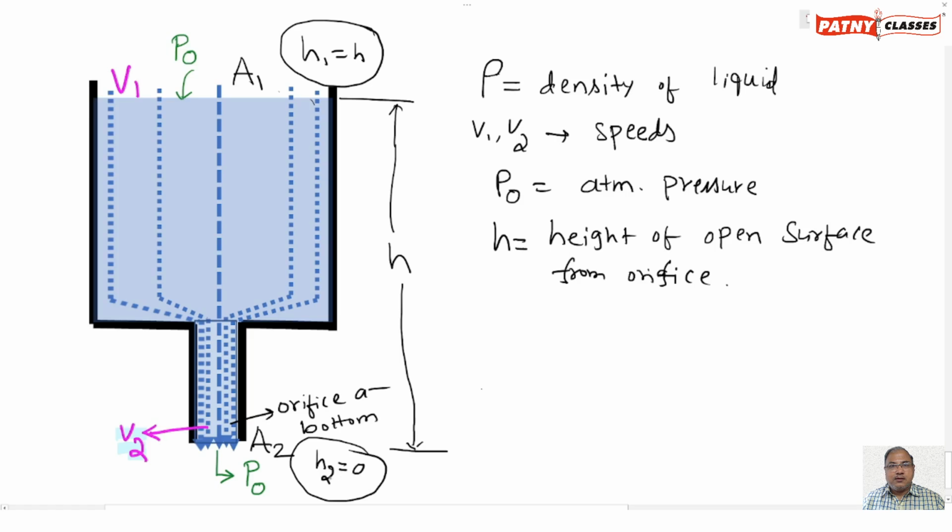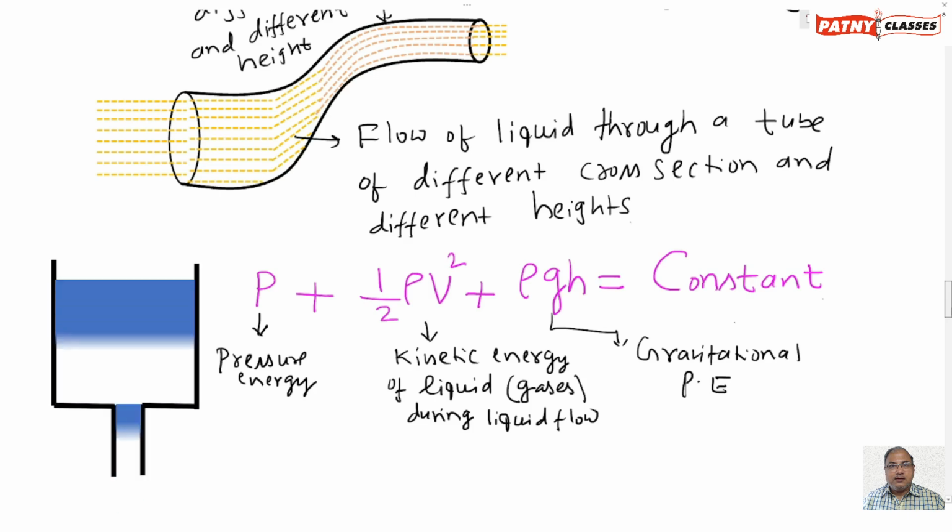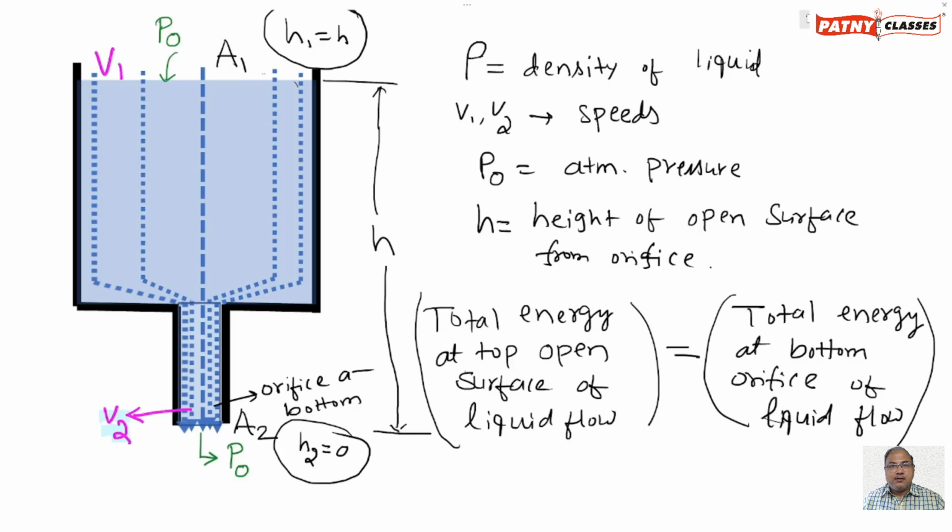Now let us apply Bernoulli's equation to the liquid flowing through this tank from top to bottom. According to Bernoulli's theorem, the addition of pressure energy, kinetic energy and gravitational potential energy of liquid flowing through a given pipe of different cross section is equal to a constant. That is, total energy at the top open surface of liquid flow equals total energy at the bottom orifice of liquid flow. So applying Bernoulli's equation for the top surface and the bottom surface.